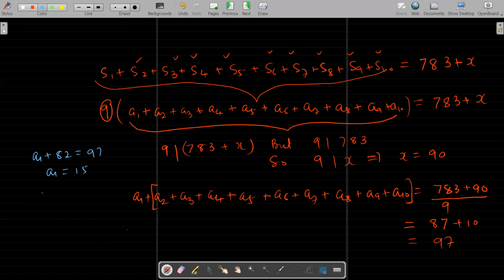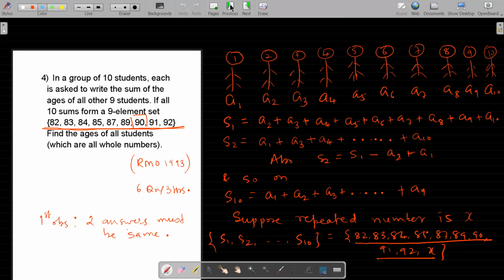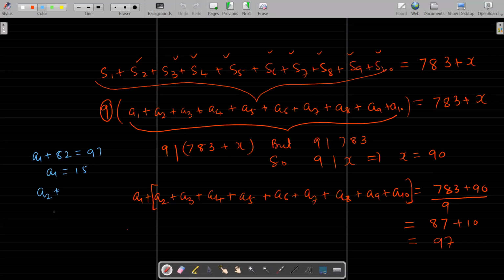Similarly, A2 plus the remaining numbers, and that is how much? That is 83, right? The answer told by the second person is 83. So A2 plus 83 is 97.